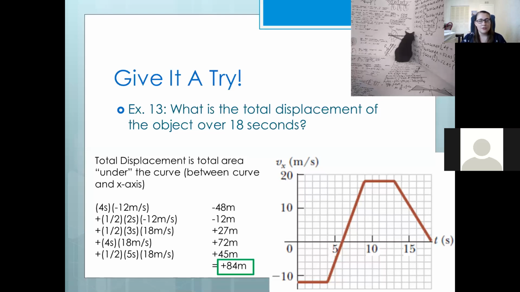This give it a try example looks at a velocity time graph this time and figures out what information it can tell us. If we remember, yesterday was a big introduction to calculus.